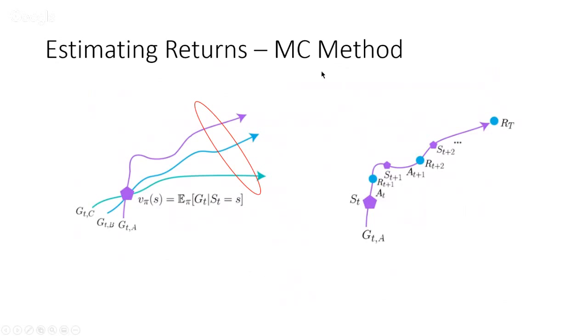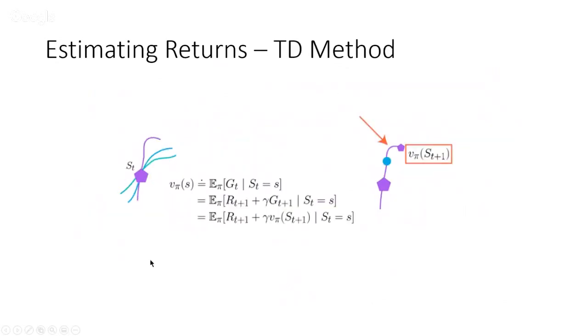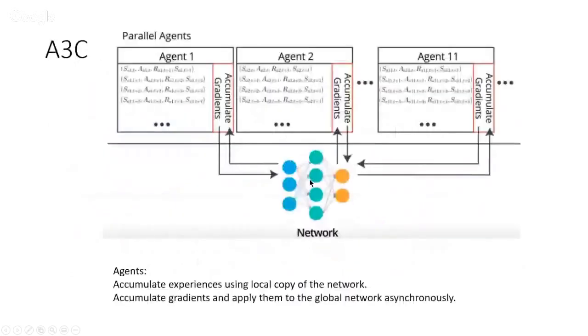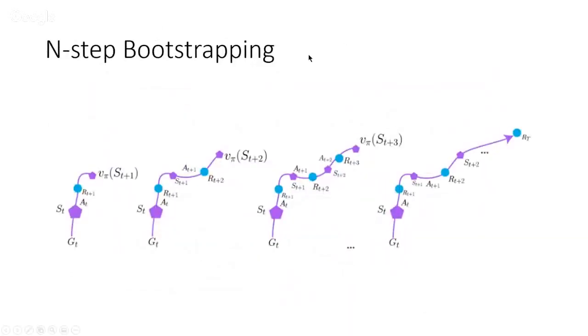I said that MC has high variance but low bias, whereas the TD method has low variance but high bias. And I said that in the future we will figure out a way to compensate for that high bias. So one of those ways is n-step bootstrapping.